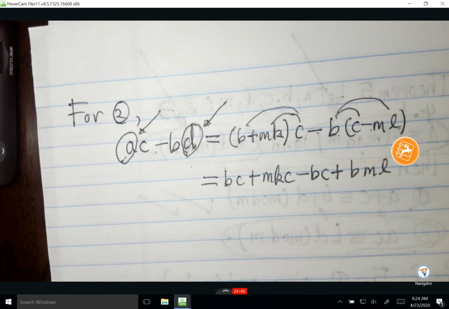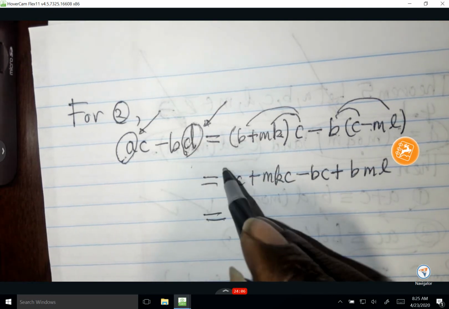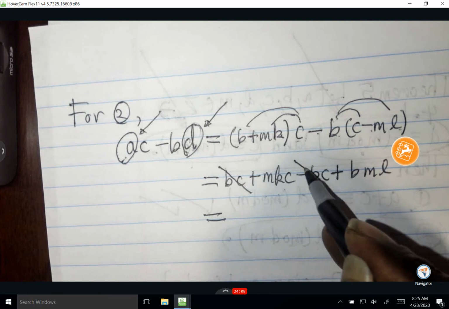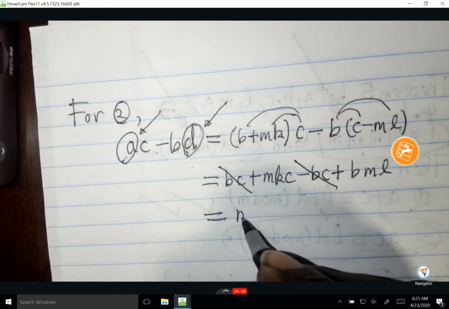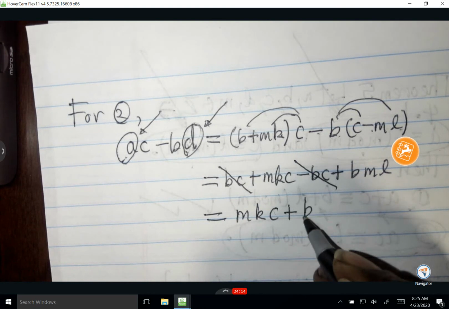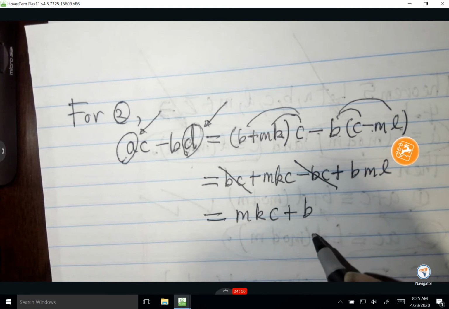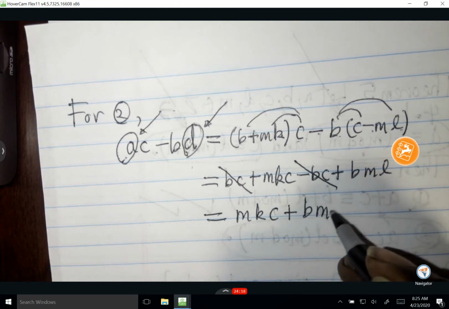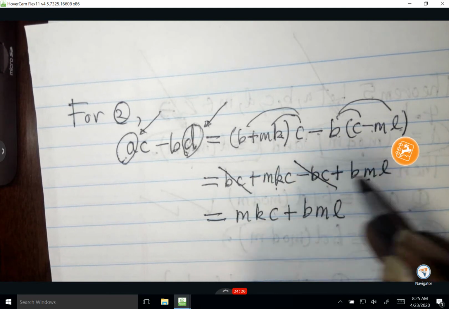Well, obviously these now cancel. And so I get MKC plus BML. Just these two terms are left.